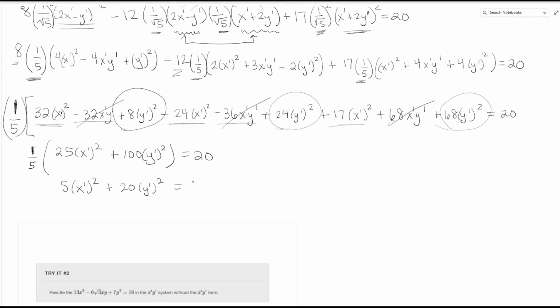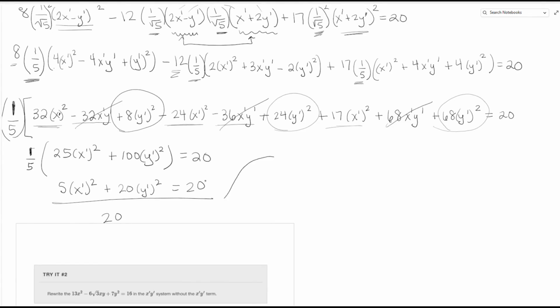I want it to equal 1. Right now it equals 20, so let's just divide everything by 20. Simplify. Prime squared over y prime squared over 1 equals 1.